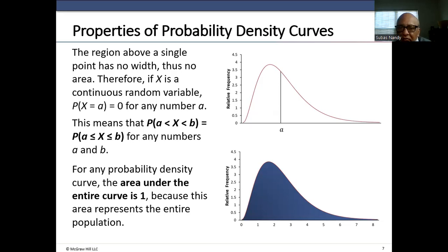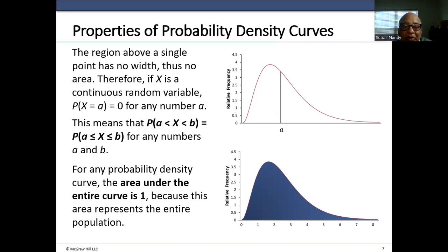Remember, the area of a rectangle is height times width. In this case, width is 0. Therefore, the probability at a particular value of x equal to a is 0 because there is no width. This means that the probability of x between a and b is the same as the probability of x between a and b inclusive.